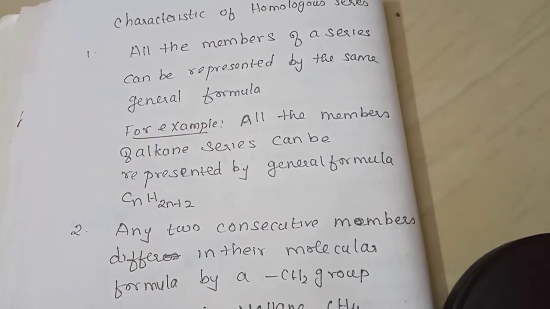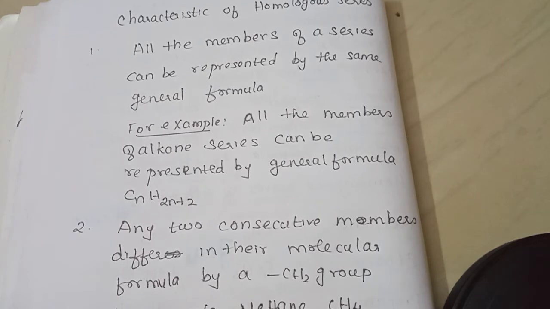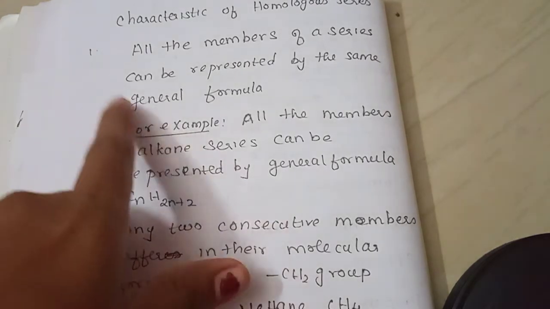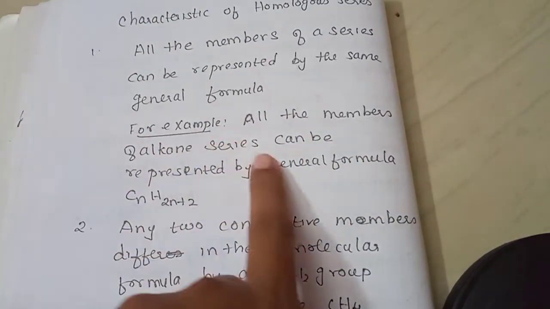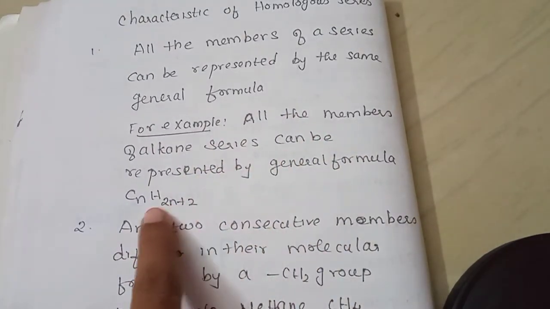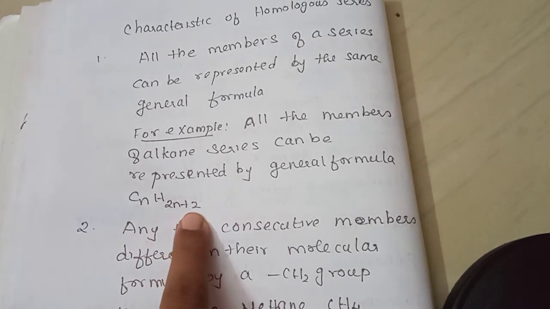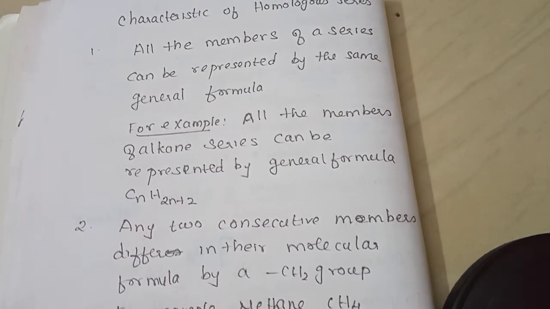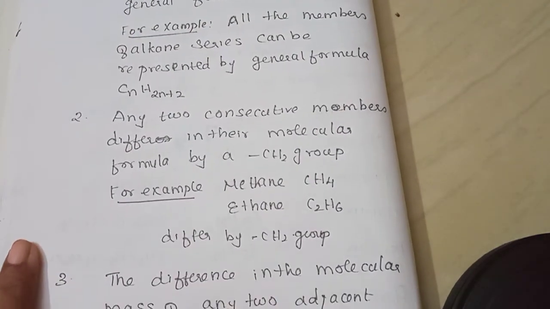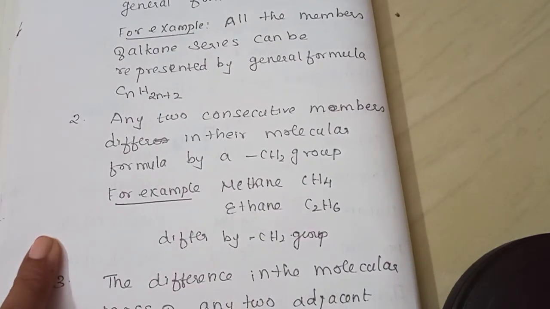For example, all the members of the alkane series can be represented by the general formula CnH2n plus 2. You have to write with the example so that you can get full marks. Try to give every point with an example.